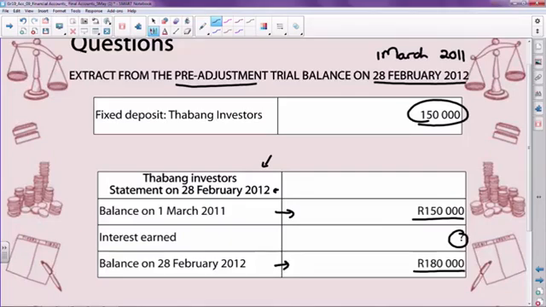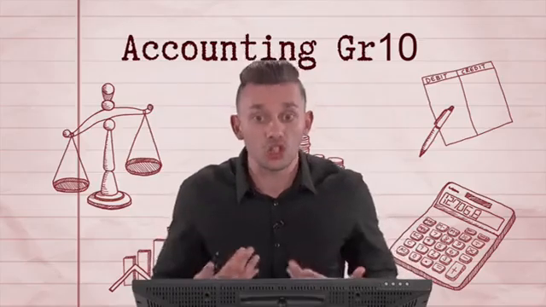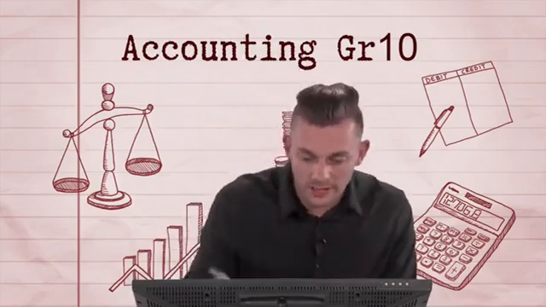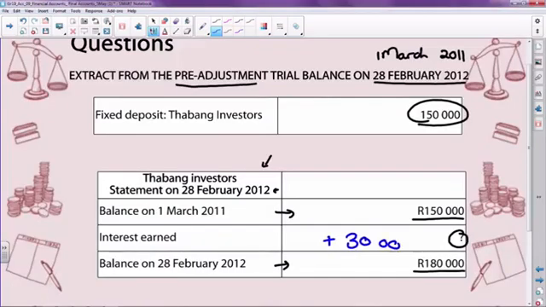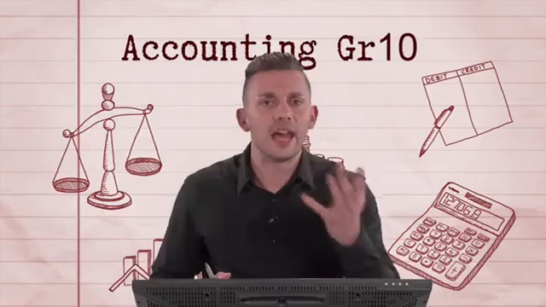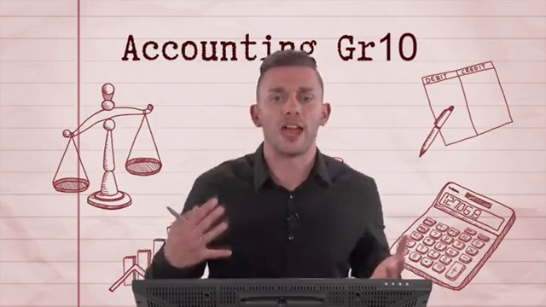As you can see, our investment grew from 150 to 180. So how much did we gain this year? If you calculate it, you will see we had an increase of 30,000. And what did they do with this 30,000? They've included it into our investment account. So now I want to ask you, is it then capitalized or not capitalized?